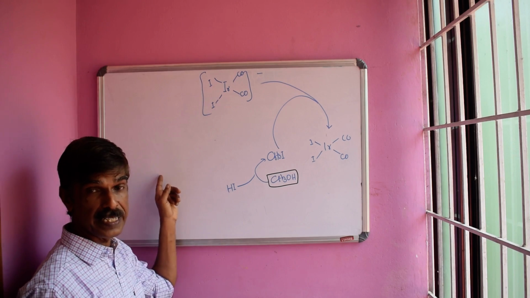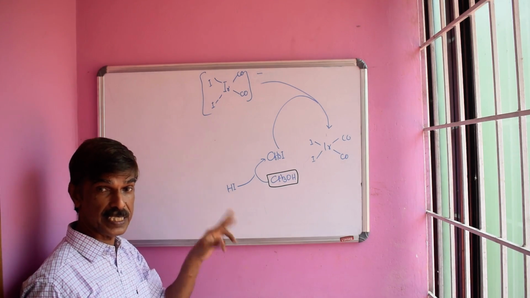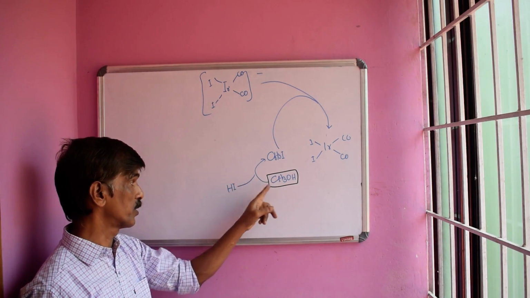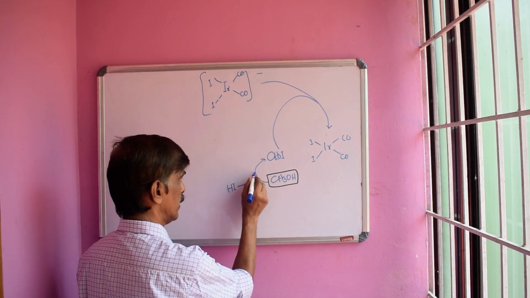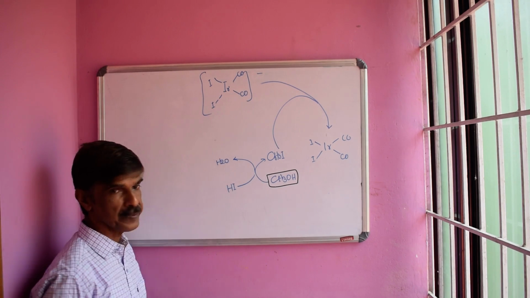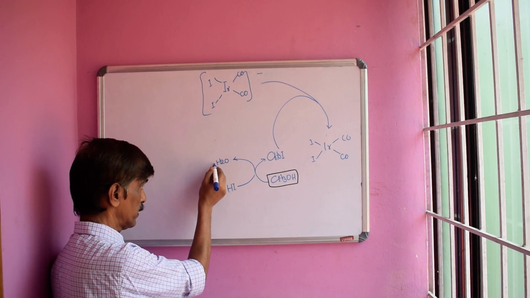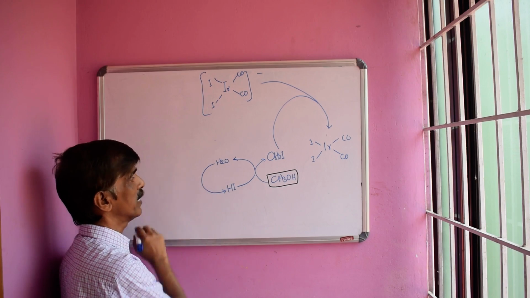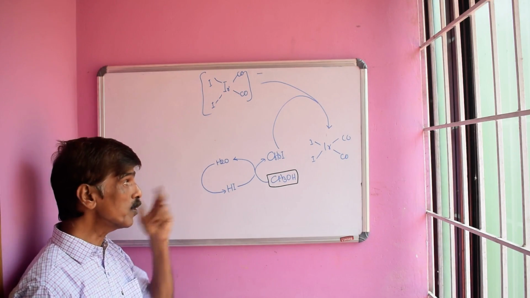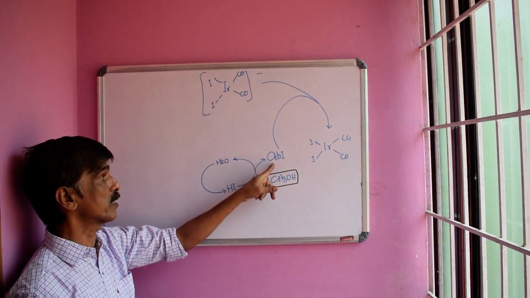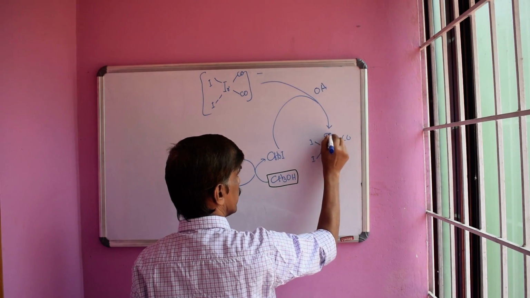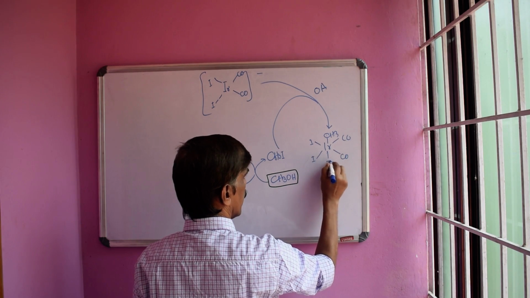HI is produced at the end by the hydrolysis of acetyl iodide into acetic acid by a reaction with water. So the iridium-based catalyst first reacts with the methyl iodide and undergoes an oxidative addition reaction, and we can see that the methyl iodide is added.